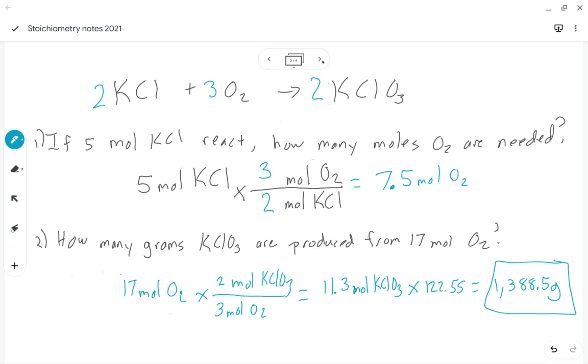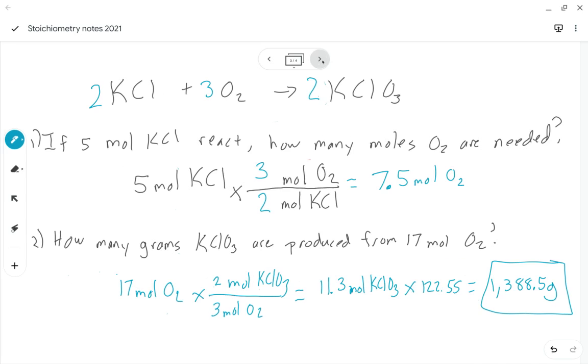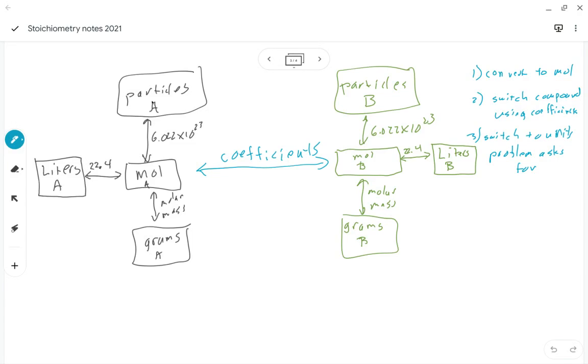If you want to look at what we're doing to solve this problem, we have our little mole town where we've got particles, liters, and grams. Then we have whatever substance we're trying to find, which is typically a substance B in our reaction, and it's got its own little mole town over here.